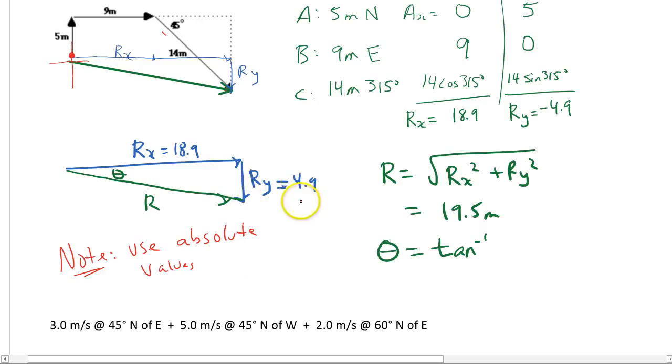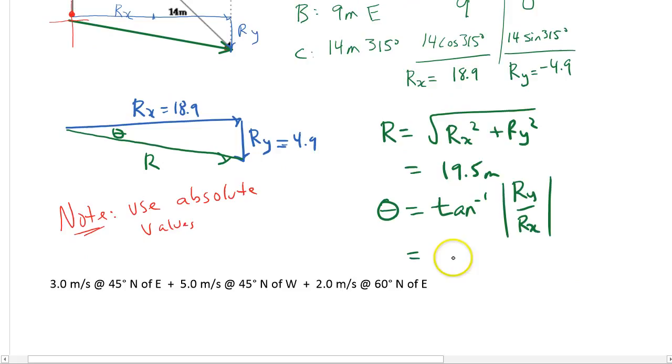Don't put in negative values when I do the inverse tan. So the way I'm going to write it here, I'm going to say the inverse tan of the absolute value of Ry over Rx. So in this case, it will be the inverse tan of 4.9 over 18.9. And then inverse tan of that.